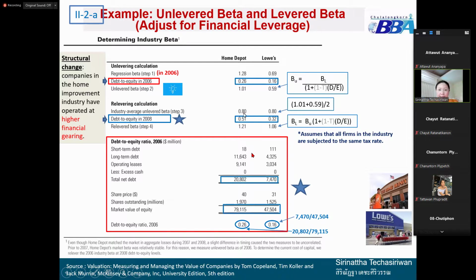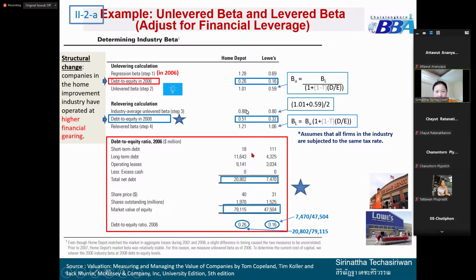From this industry beta, they re-lever it back to the target debt to equity ratio of each company. For Home Depot, the historical debt to equity is only 0.26. They expect the debt to equity ratio to increase to 0.51, and for Lowe's from 0.16 to 0.32.